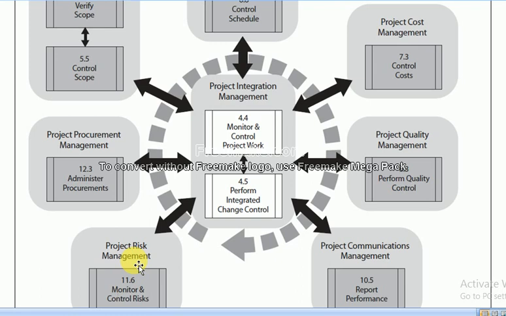The last one is administer procurements. All the tools, equipment or resources can be outsourced from a supplier during a project. Administration of these purchases, outsourcing and leasing activities is done during the monitoring and controlling phase.